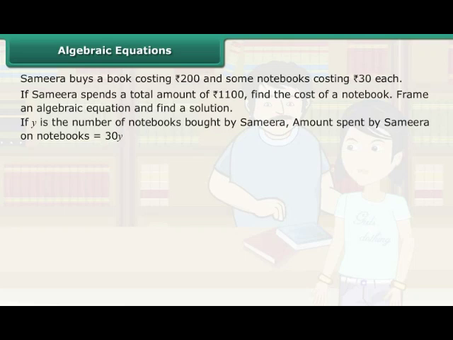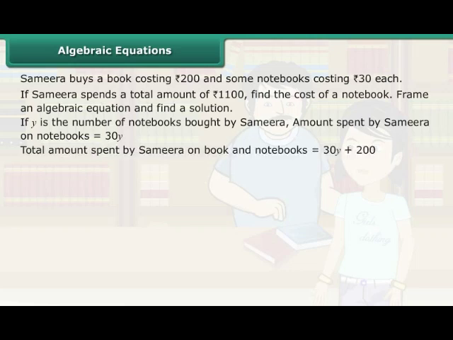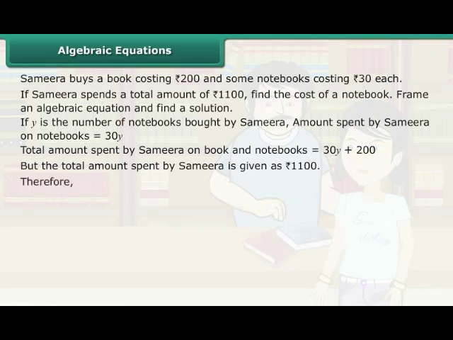If y is the number of notebooks bought by Samira, the amount spent on notebooks is 30y. Total amount spent on book and notebooks is 30y plus 200, but the total amount spent by Samira is given as 1100 rupees. Therefore, 30y plus 200 is equal to 1100.